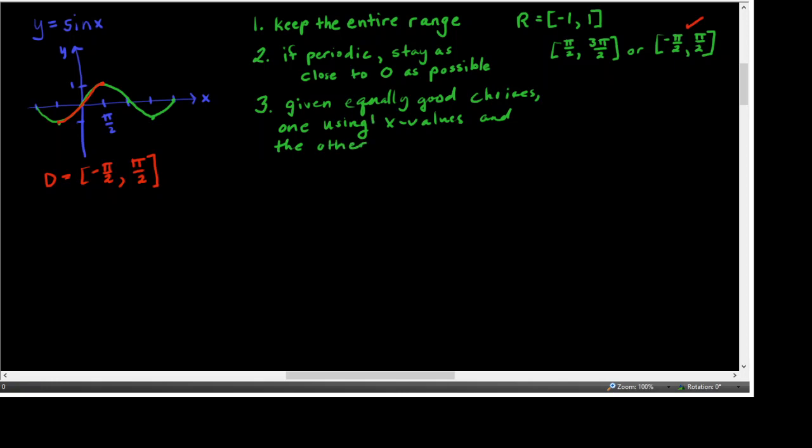Choose positive x's. Oh, I forgot to write positive. I said it but didn't write it. Which wasn't an issue this time. So that's why I didn't really worry about it, except I did want to say it. It will actually be a thing we have to think about for cosine. We'll see that in just a minute.